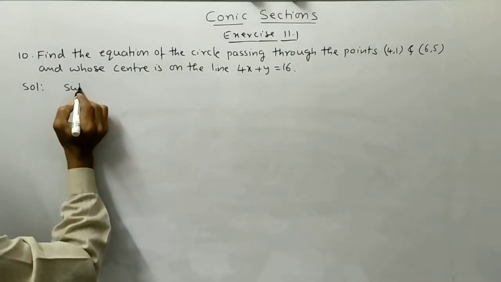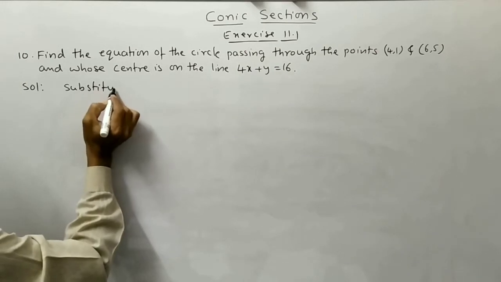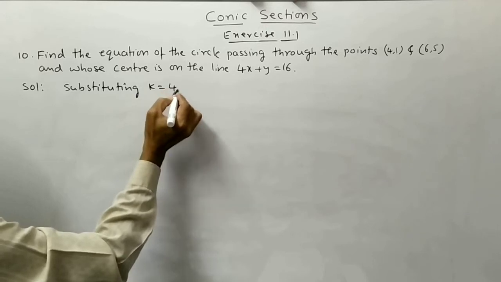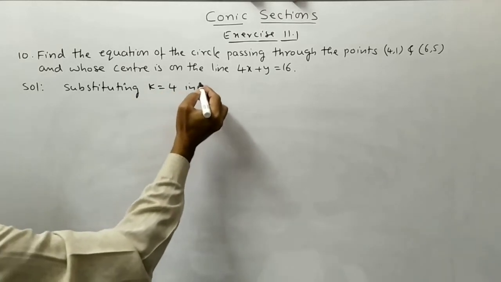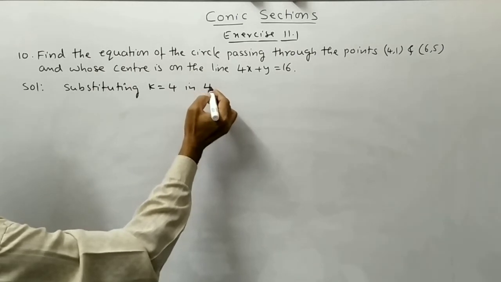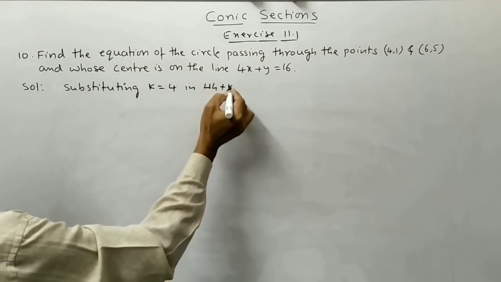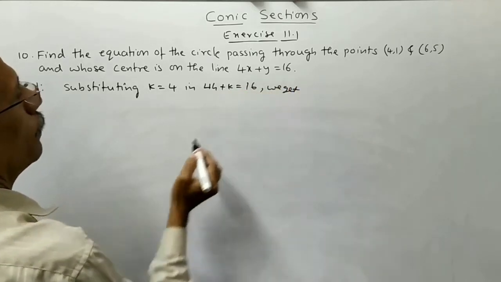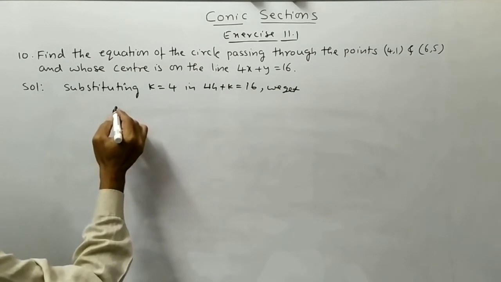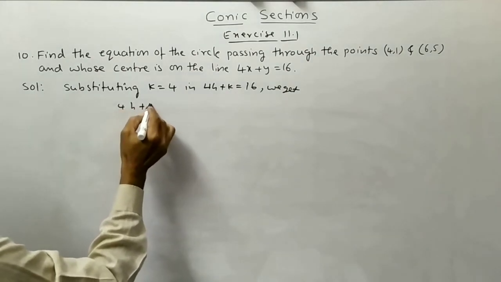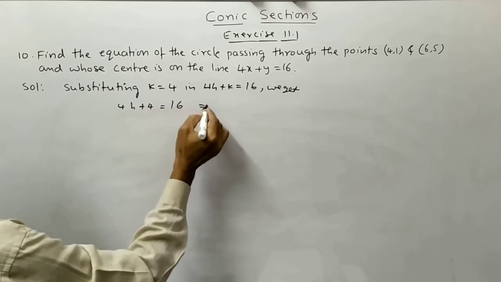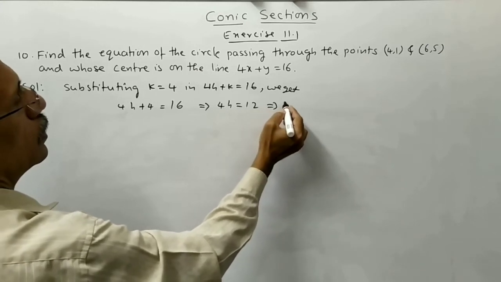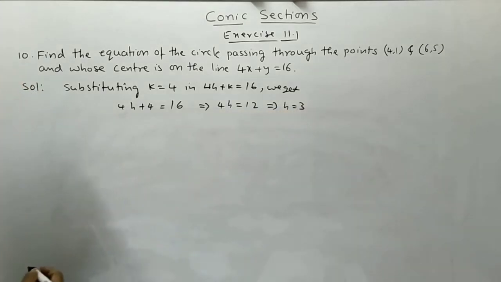Substituting k = 4 in 4h + k = 16, we get 4h + 4 = 16. This implies 4h = 12. This implies h = 3.